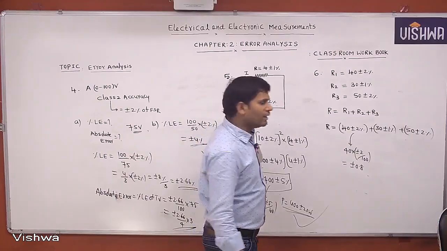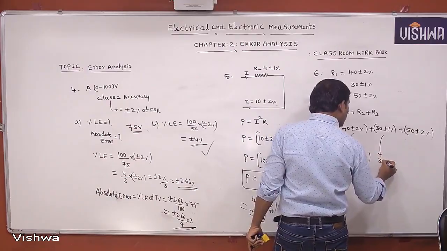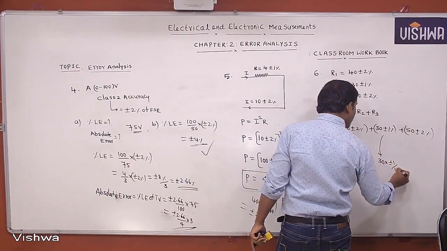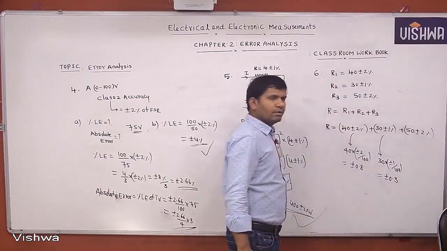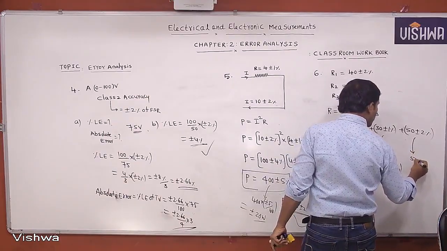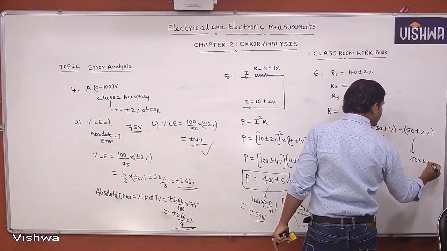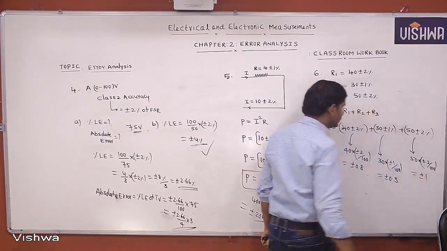Absolute error in 40 is plus or minus 0.8. How to convert absolute error in 30? That is 30 into plus or minus 1 by 100. How much you get? Plus or minus 0.3. What is absolute error in 50? 50 into plus or minus 2 by 100. You get plus or minus 1.